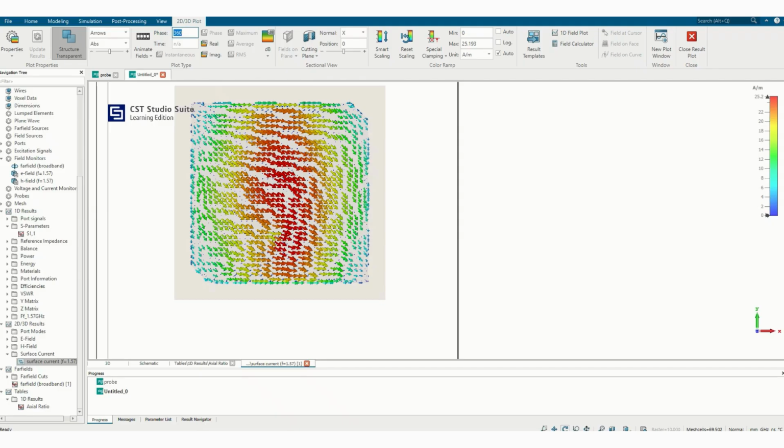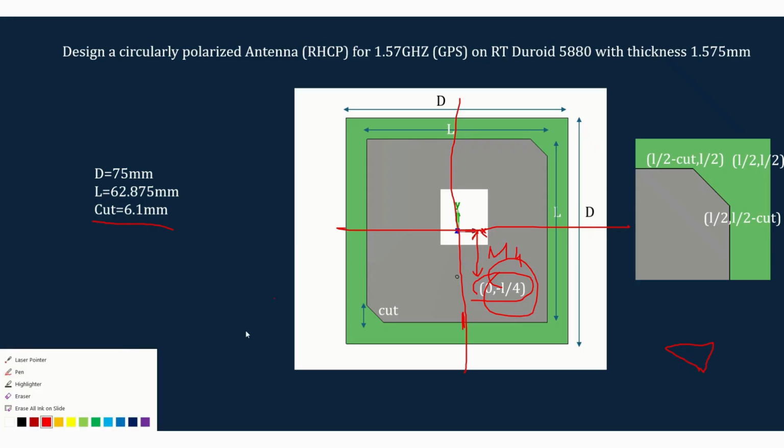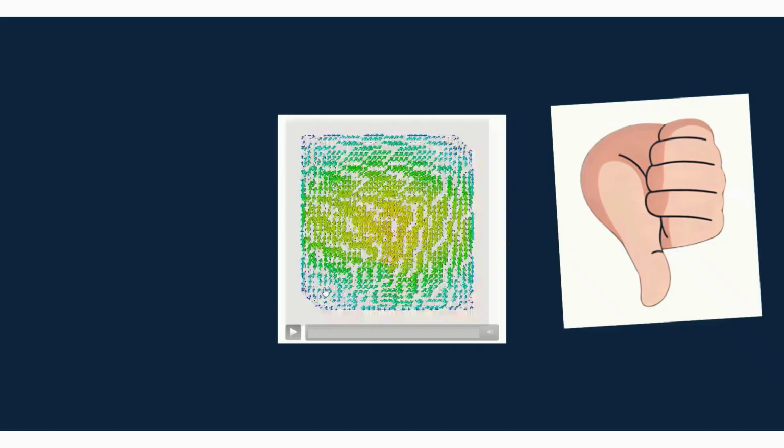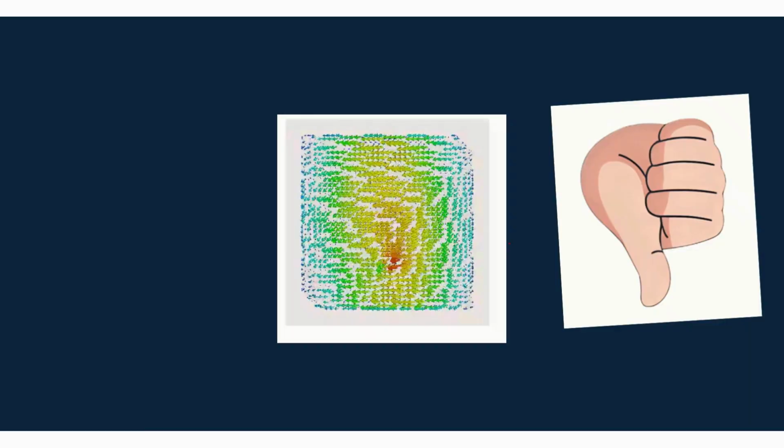So if you consider the case, we can see that the rotation is happening like this. Maybe I will draw with a pen. So it is happening like this.